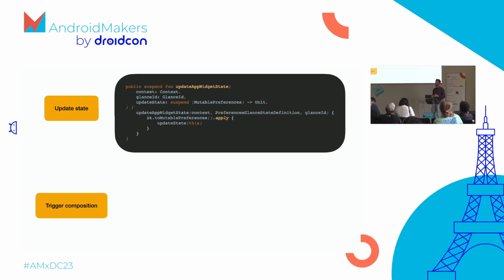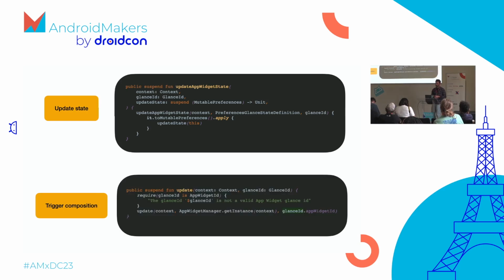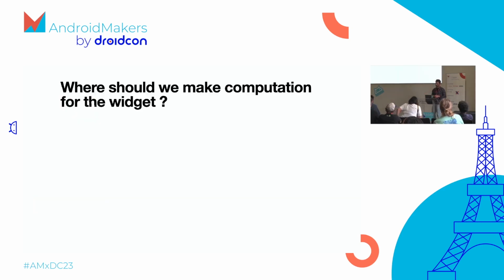So the compositions are not triggered automatically. We need to do it manually. And to trigger the composition, we are just calling update in the class of Jetpack Glance. And this one requires context and obviously Glance ID, as this is needed every time, everywhere. So this is this unique ID that represents our widget.